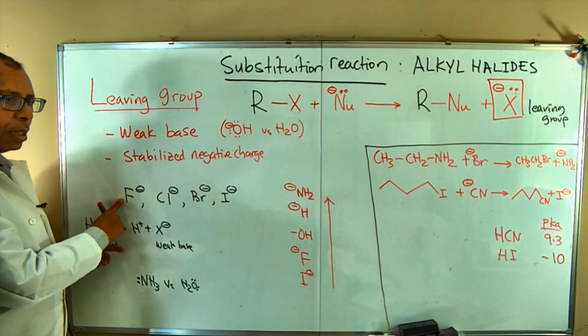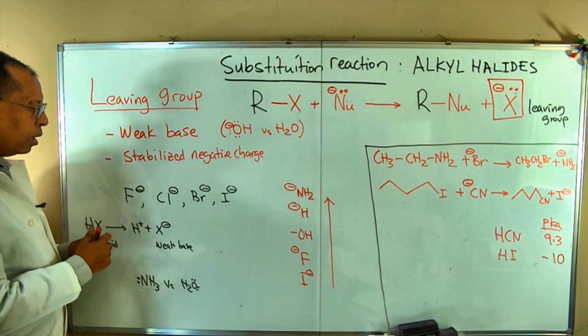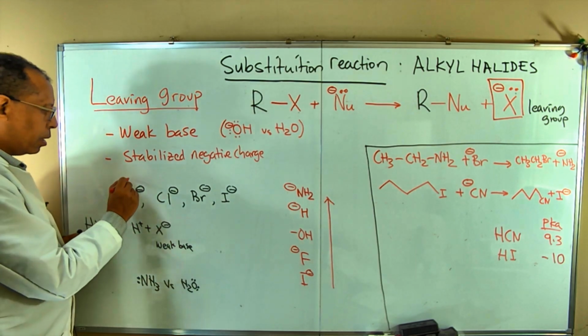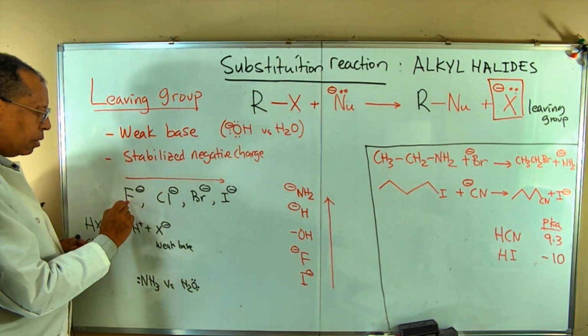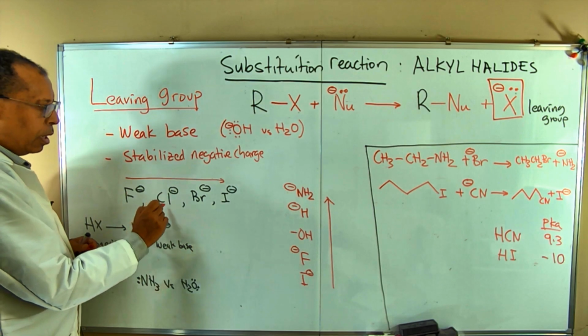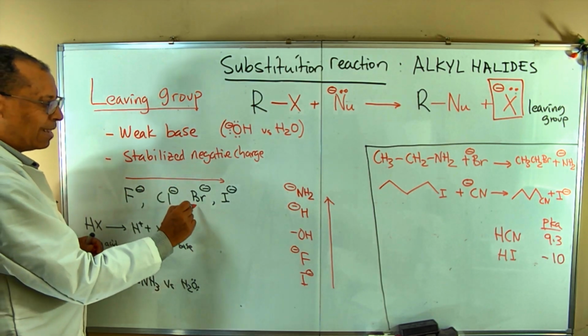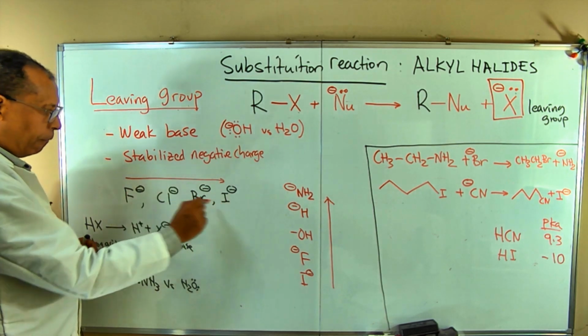the HF bond is very strong, therefore it doesn't easily give up the proton. So the acidity actually increases this way. So HF is a weaker acid than HCl. HCl is a weaker acid than HBr, and HI is the weakest of all the series.